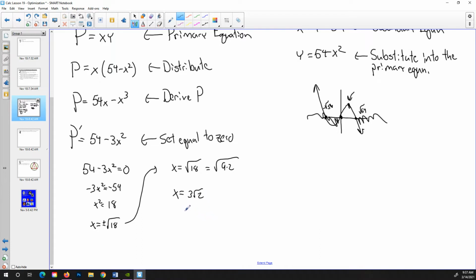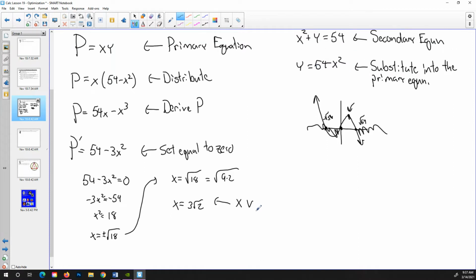And since I have my x value, I can plug it back into this y equation, and I can take that x value and plug back into the equation for y, to get my final answer. So y is going to be equal to 54 minus 3 square root of 2 squared.